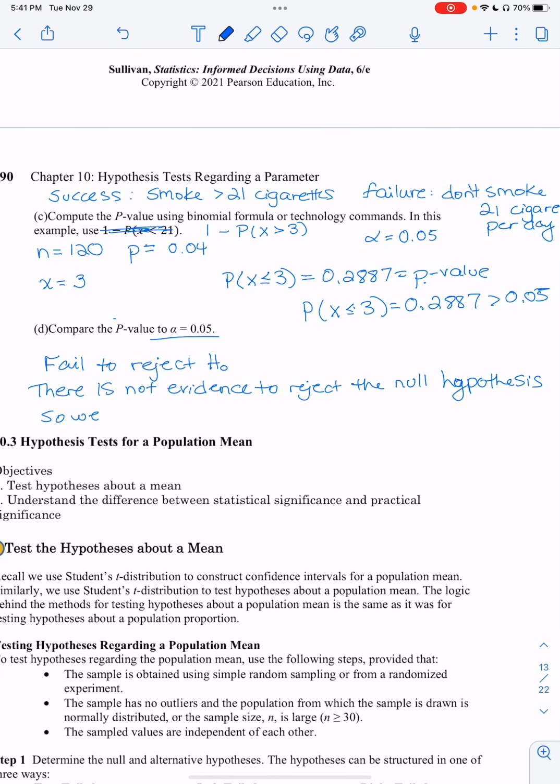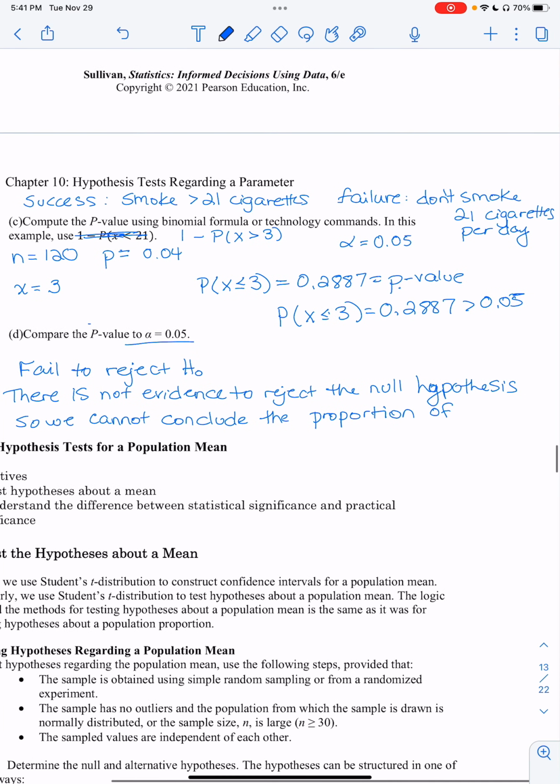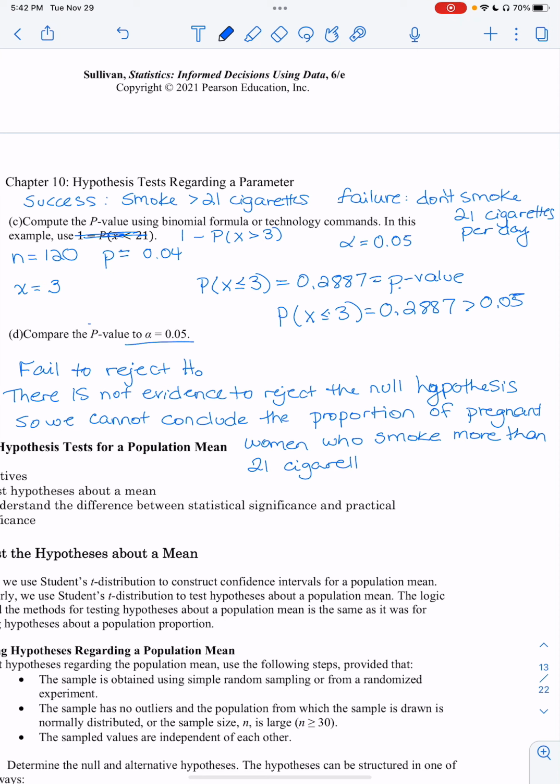So we cannot conclude the proportion of pregnant women who smoke more than 21 cigarettes per day has decreased.